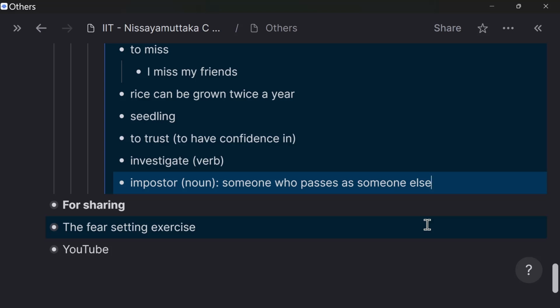For example, I'm not a doctor, but let's say I dress like a doctor and I enter the hospital and talk to people as if I'm a doctor. So I'm an imposter. An imposter is something that looks like something but is not really.